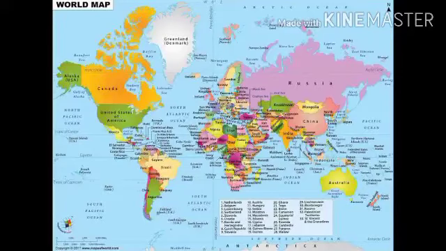Africa is in such a position because a portion lies in the northern hemisphere as well as the southern hemisphere. Dear students, we have to be careful that all these lines, the equator, Tropic of Cancer and Tropic of Capricorn, are imaginary lines.